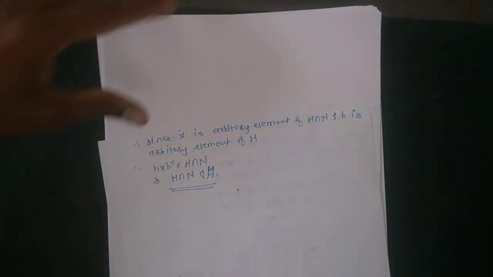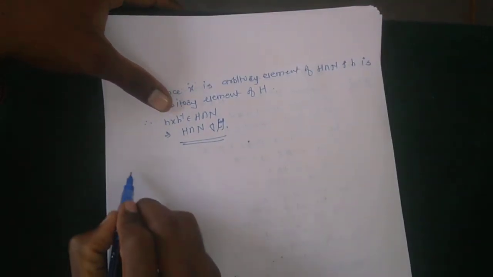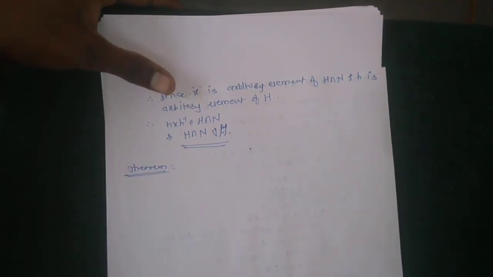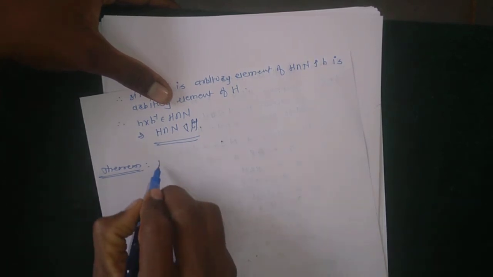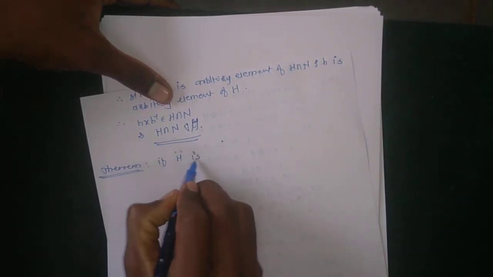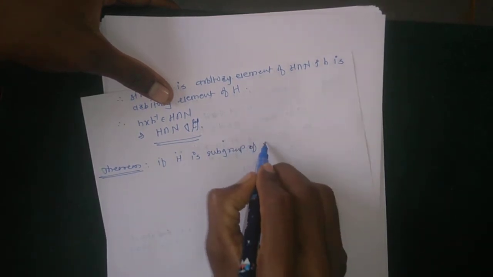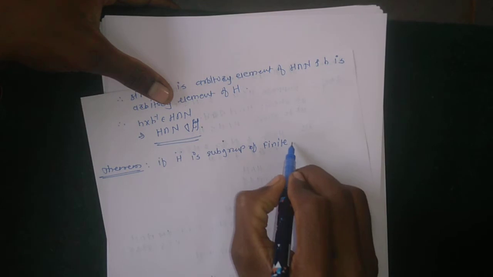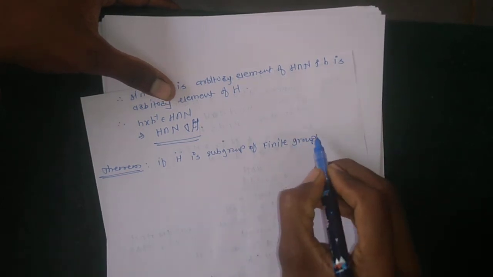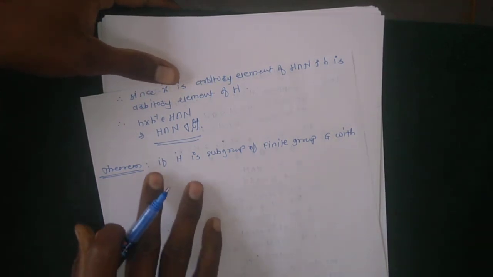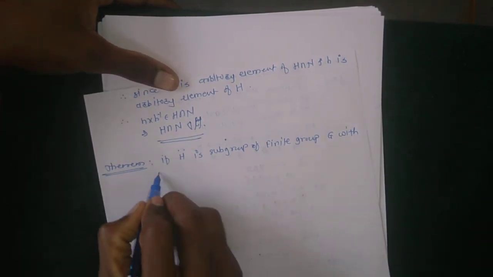Now the next theorem. This theorem is very important. Next theorem: if H is a subgroup of a finite group G with index 2.